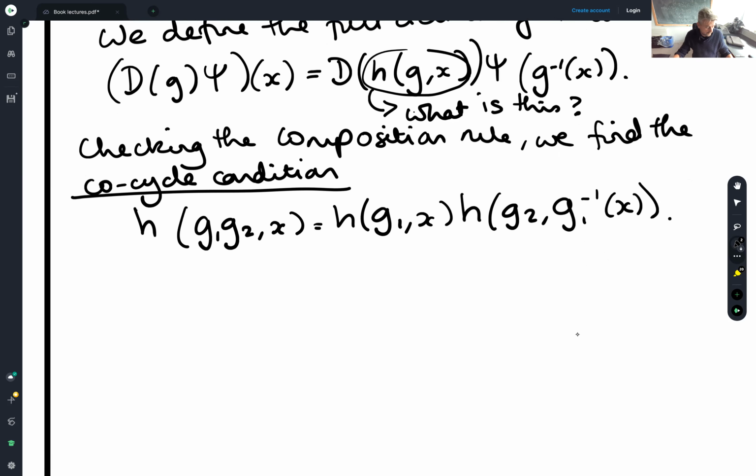Okay, so we need some solution to this condition, and we solve it by choosing some element of G that smoothly maps x to x0.